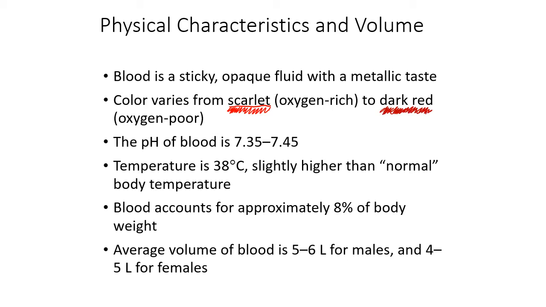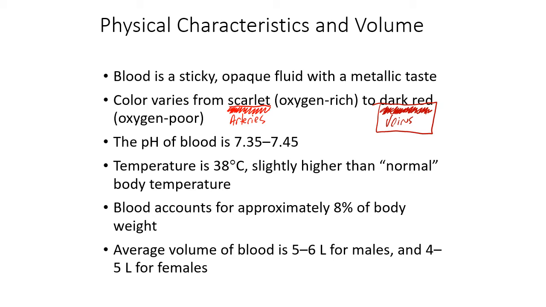So the scarlet type blood we're going to get from our arteries, and the darker blood we're going to get from our veins. And so typically if you've donated blood, what you've seen was this darker blood. Perhaps if you work in a hospital setting, you may have seen a blood sample that was going to test for the blood gases, and so they may have taken an arterial sample.